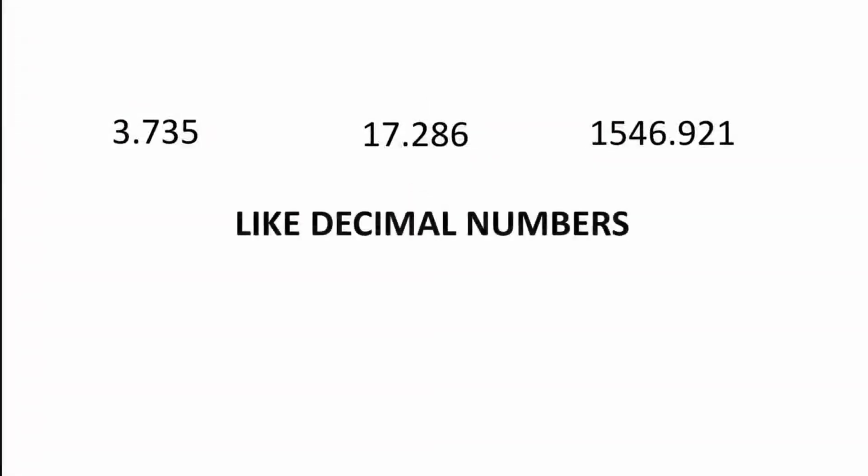If we look properly, after the decimal there are three places, so three decimal places out here. That means the number of digits after the decimal in these numbers is equal. So when we have decimal numbers with the same number of decimal places, we call them like decimal numbers.